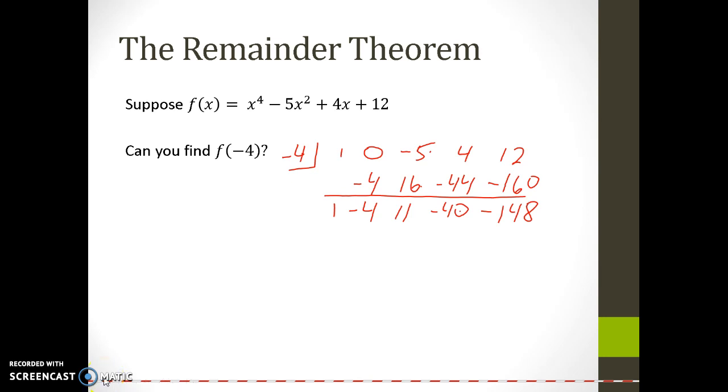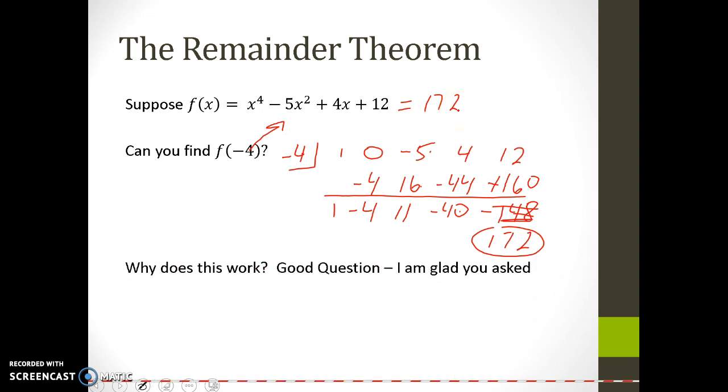Although I made a mistake, because negative 4 times negative 40 is positive 160. So when I add these together, 12 plus 160 is going to be 172. And if you noticed, when you plug negative 4 into this expression, it equals 172.